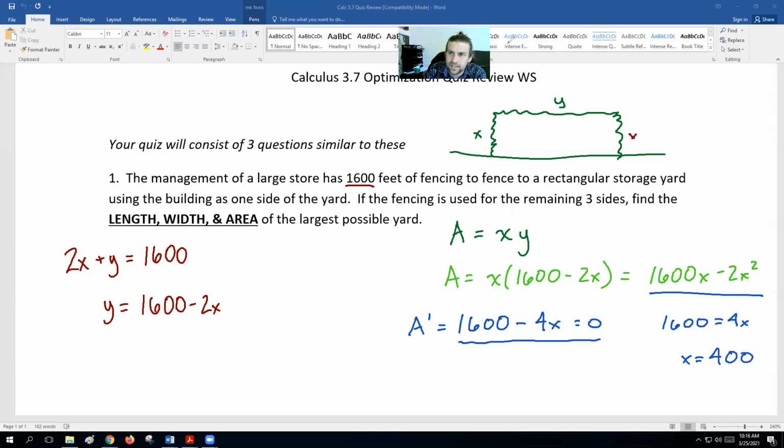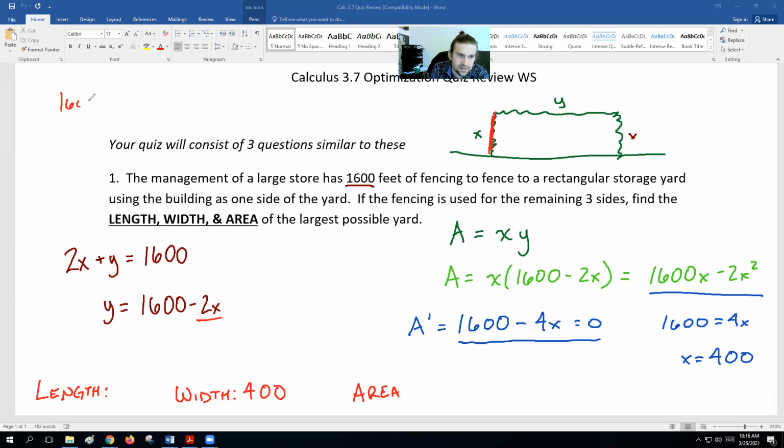Okay, so it does say find the length, the width, and the area. And those are all underlined. So let's make sure we understand what those all are. Well, the width is kind of easy because I would say that the width is this segment here. All right, and so that's equal to x, and x is 400. The length here, we have to plug it back in here.